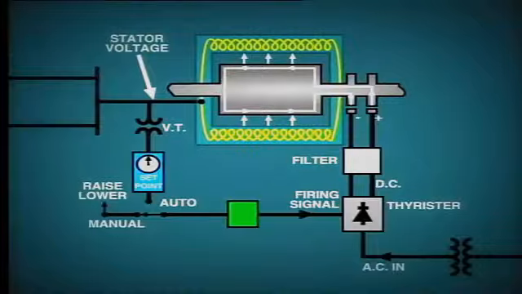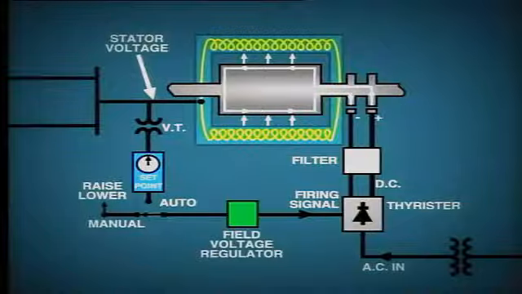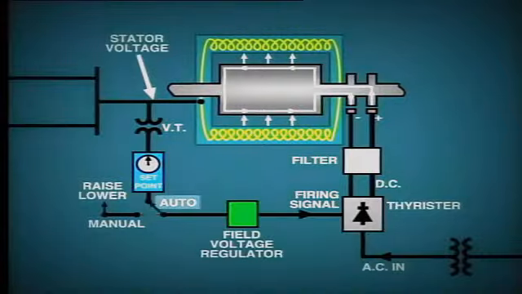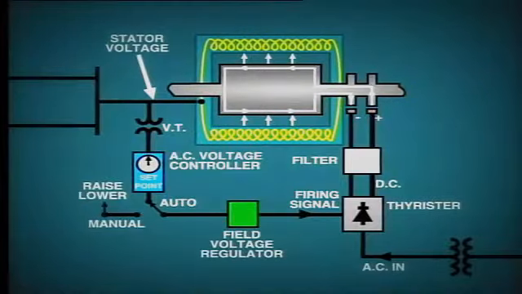The firing circuit is controlled by the field voltage regulator. This regulator has two inputs, manual and auto. The manual control disconnects the automatic function and allows the operator to directly control excitation. However, when the generator is in operation, the field voltage regulator is usually controlled from the auto position, that is, from the AC voltage controller.